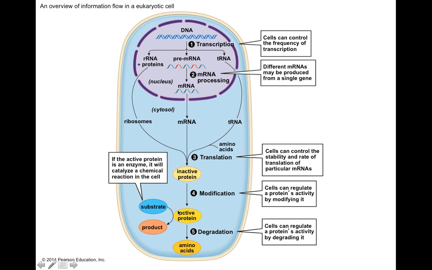And when we have an active protein, which in this case is an enzyme that's turning a substrate into a product over and over and over again, it's going to do this repeatedly. And so we can modify the protein activity of an active protein by degrading it. So we can target it for degradation, removing it from solution, which means that we will slow down the rate at which the substrate is turned into that product. So we have multiple different levels in a eukaryotic system where we can regulate the product, basically, of transcription and translation.